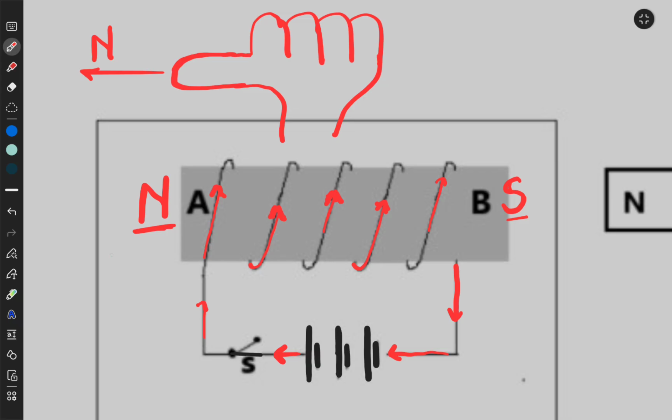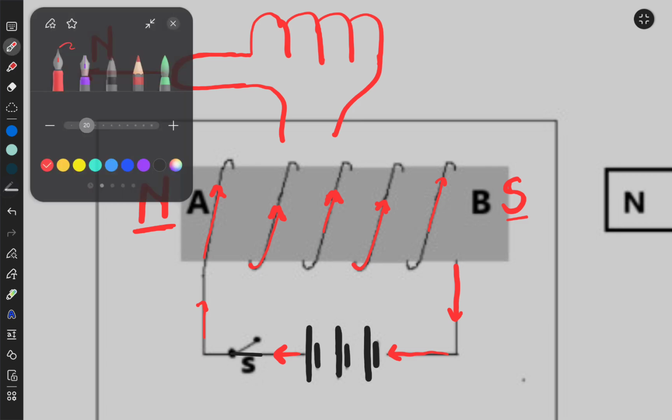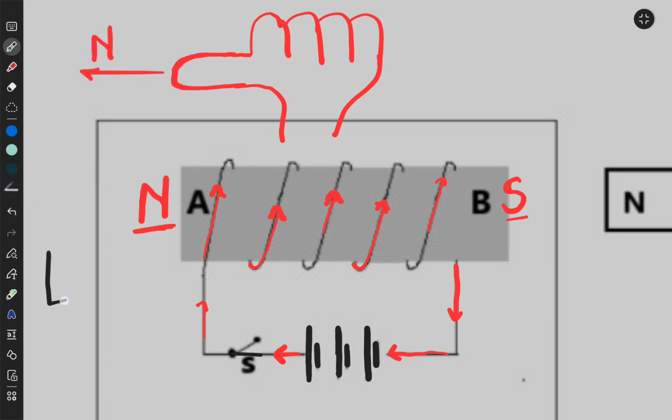Sometimes I can be taking a bar magnet and I pass it inside the solenoid. This is just outside this exercise, but it's worth noting. Let's say I pass the magnet and it's still at point A, and the north pole of the bar magnet is facing the north pole of the solenoid.